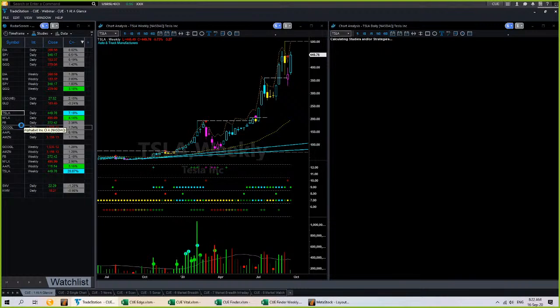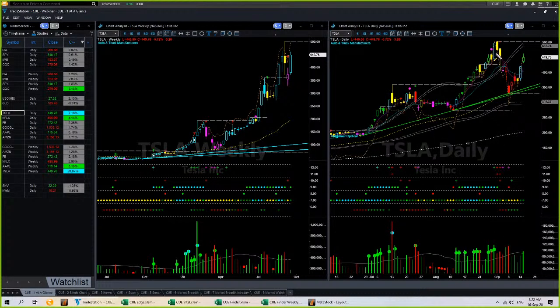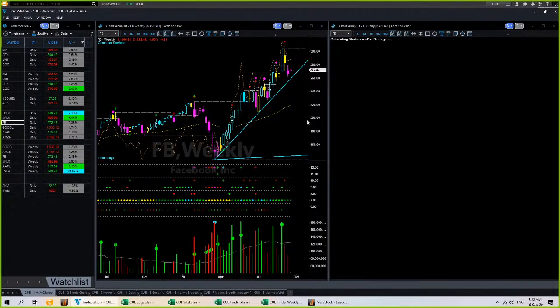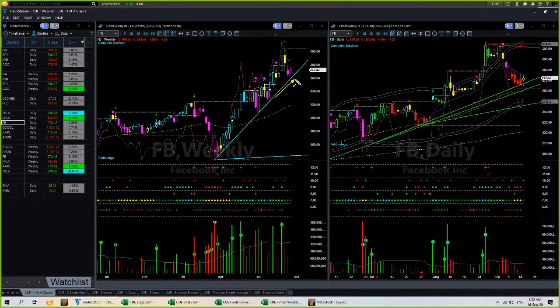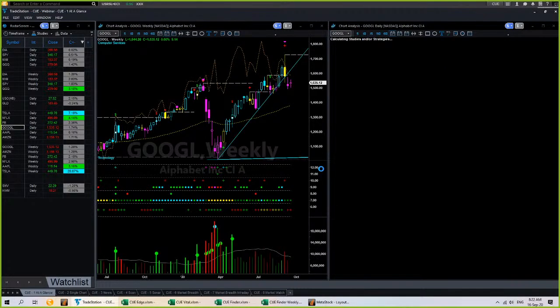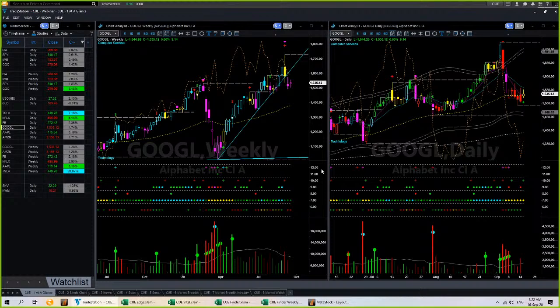Tesla, I mentioned that in spite of the pullback, it was still in an uptrend. And Facebook in an uptrend with memory support weekly and daily. Google also in an uptrend. We don't have lower high, lower low yet.